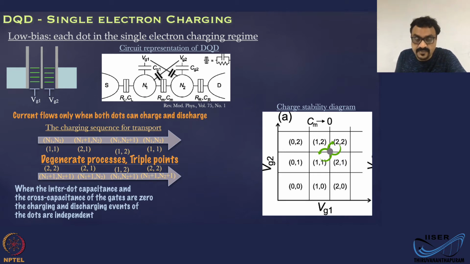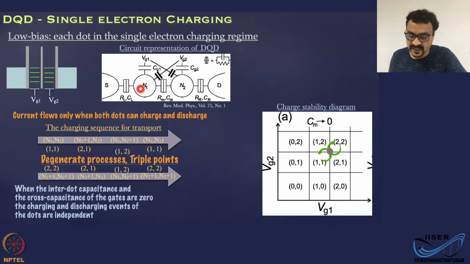Then, because you're adding only one electron, the next process would be to take that electron from dot 1 and put it in dot 2. That means the charge state is going to be n1, n2 plus 1, because now the extra electron has gone to dot 2.